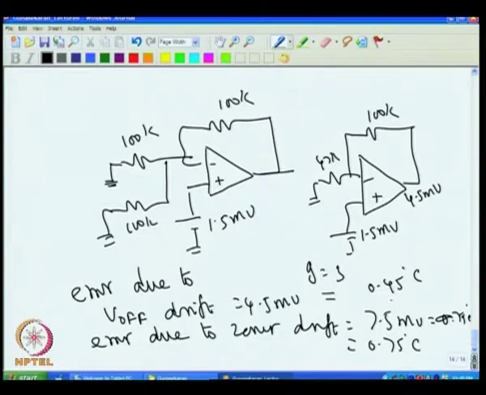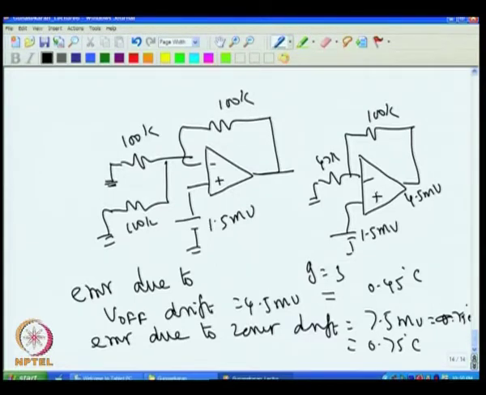That means, you see now already we got error due to offset itself 0.45 degree, and error due to Zener is 0.75 degree at the output of the temperature indicator, which works out to be about 1.2 degree error total due to these two errors alone, the offset voltage drift and Zener drift.